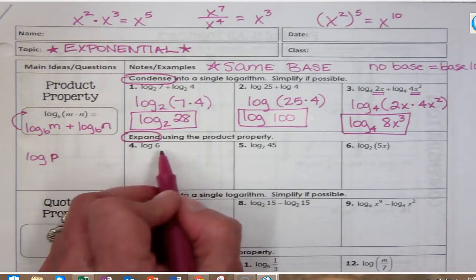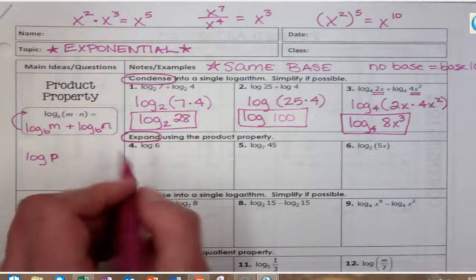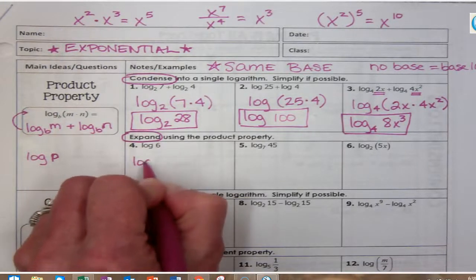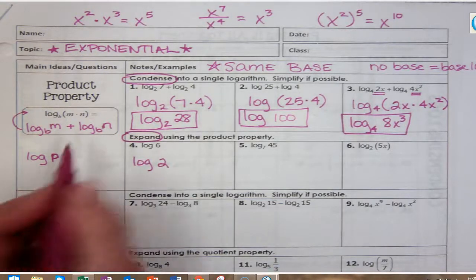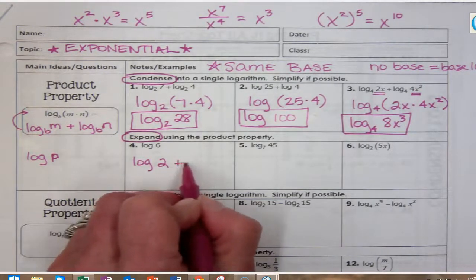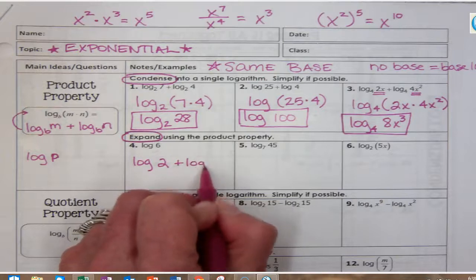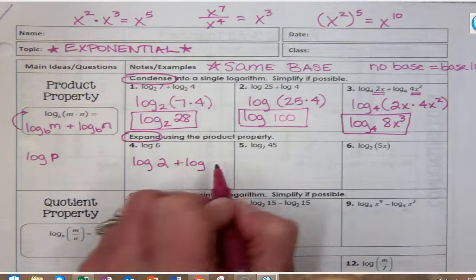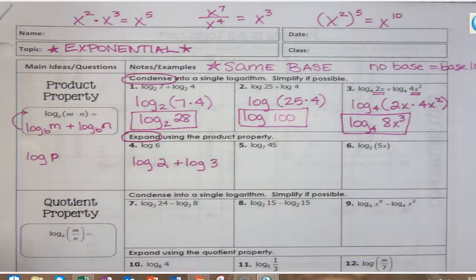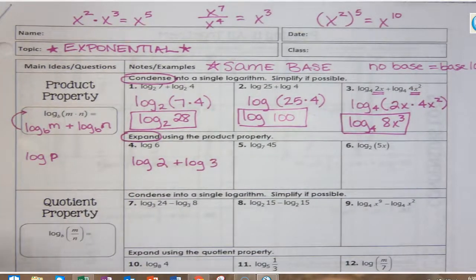So if I've got log of 6, my base is 10, so it's going to be log base 10 of maybe 2 plus log base 10 of... what times 2 is going to give me 6? Well, 3, right?